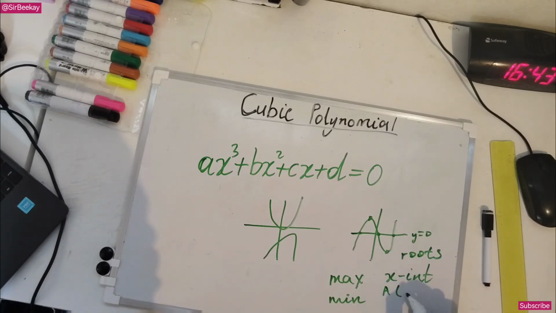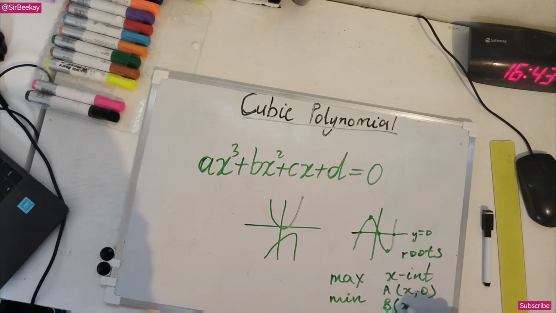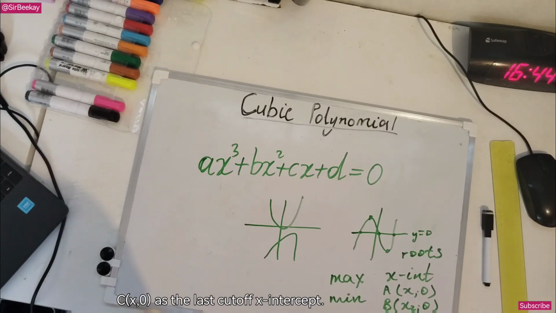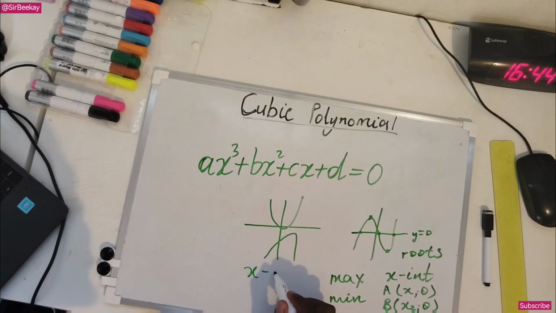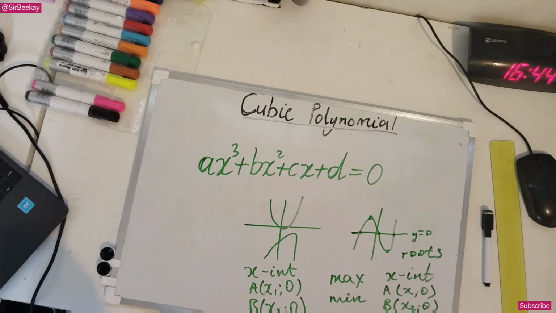We're going to have three roots on this cubic polynomial, compared to the quadratic where we have only just two of these roots or x-intercepts.